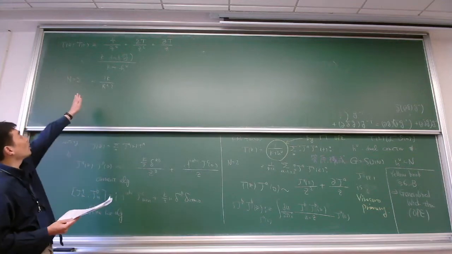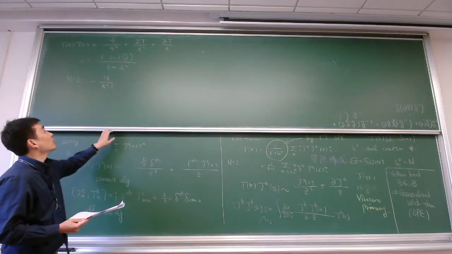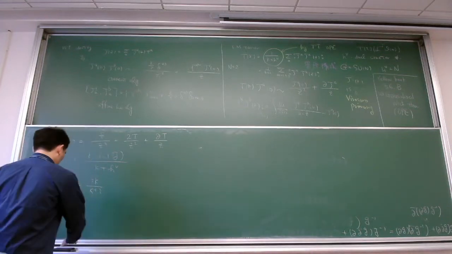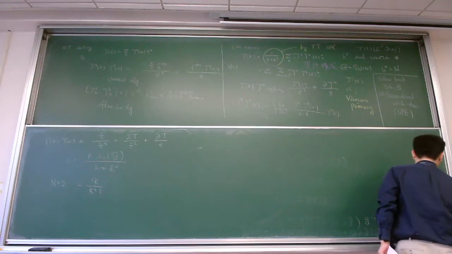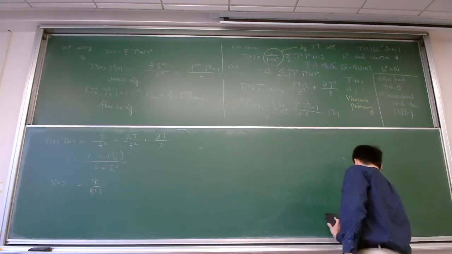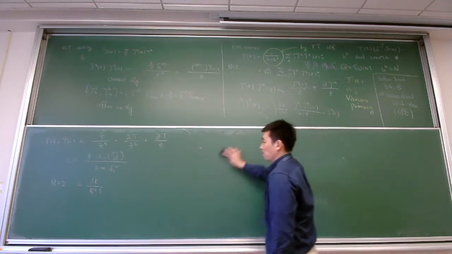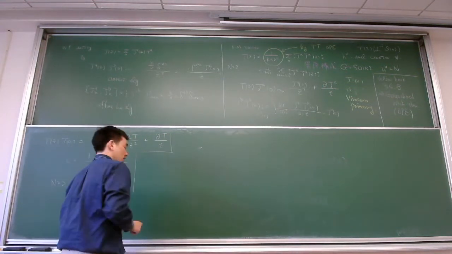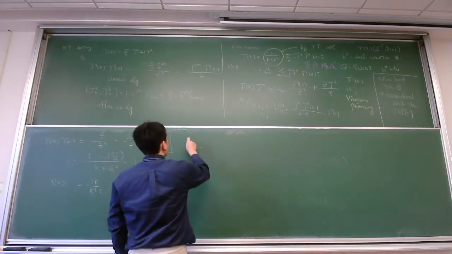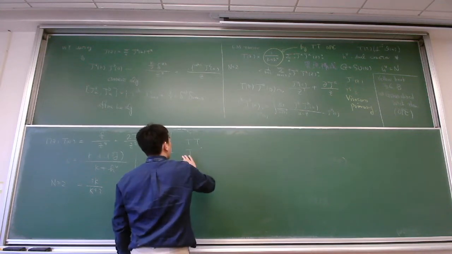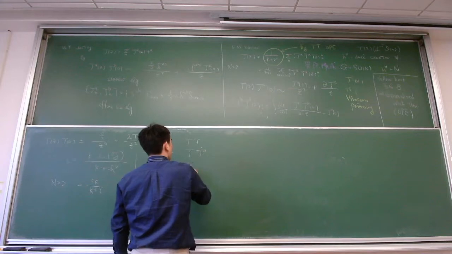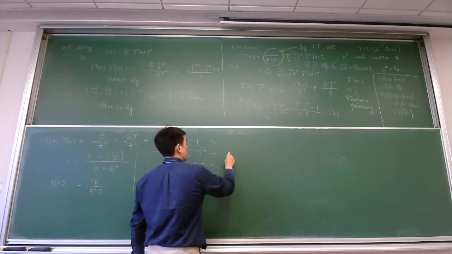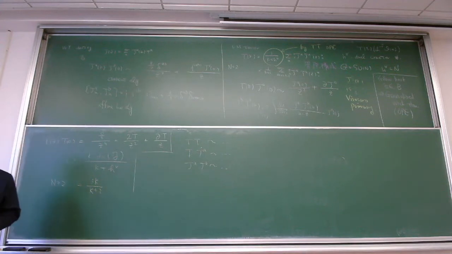In addition to the TT OPE, we have a TJ and a JJ OPE. So in the WZW model, the symmetry is much richer, much more enhanced, compared to the minimal model, which has only the TT OPE.